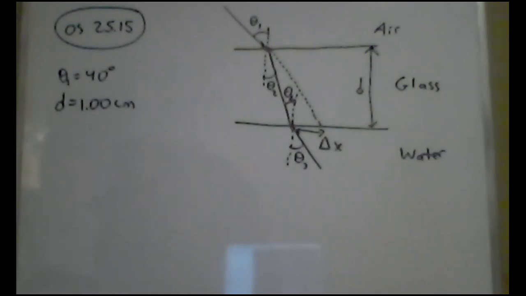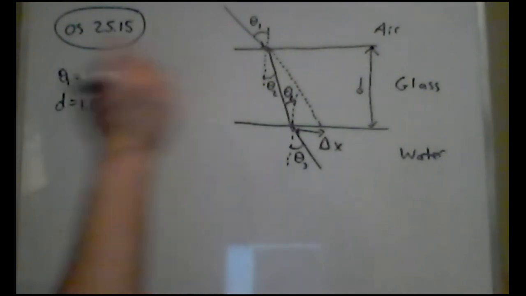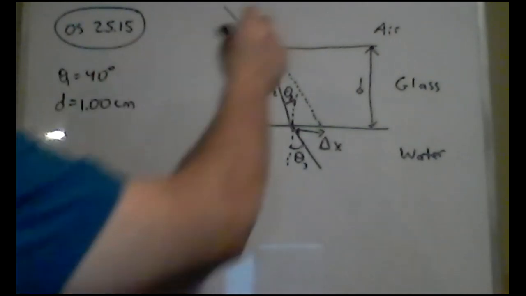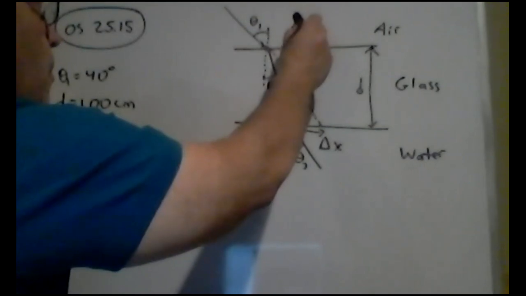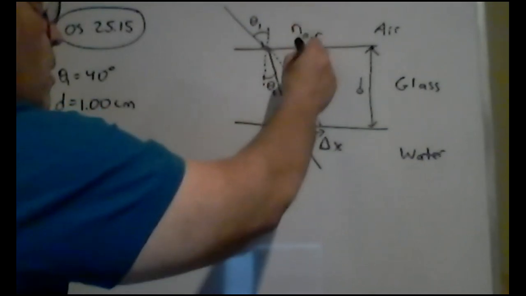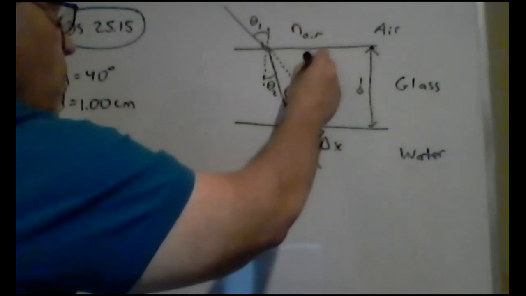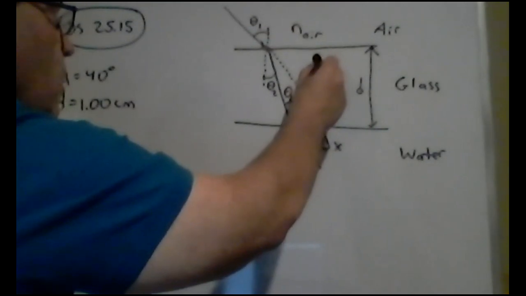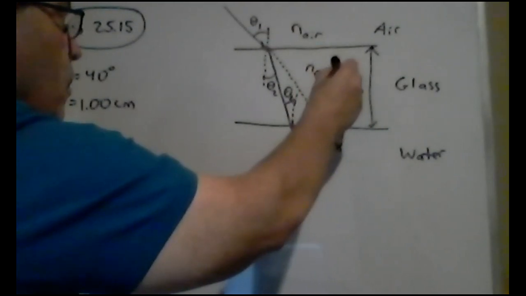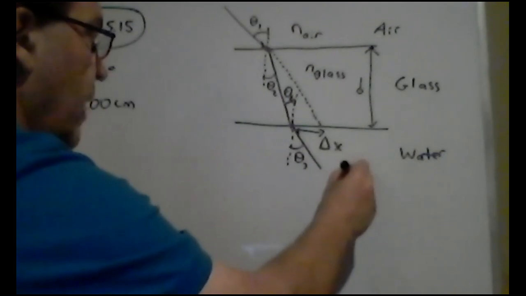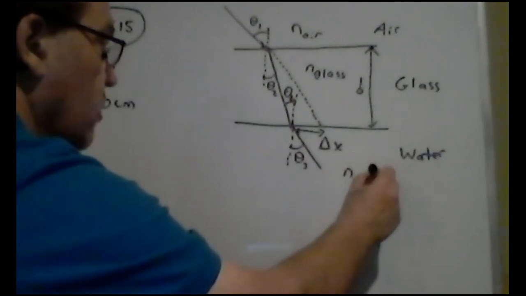Now, how do you do this problem? Well, we also know that we have N air, here's N glass, and down here we'll have N water, but again, the water doesn't really matter.